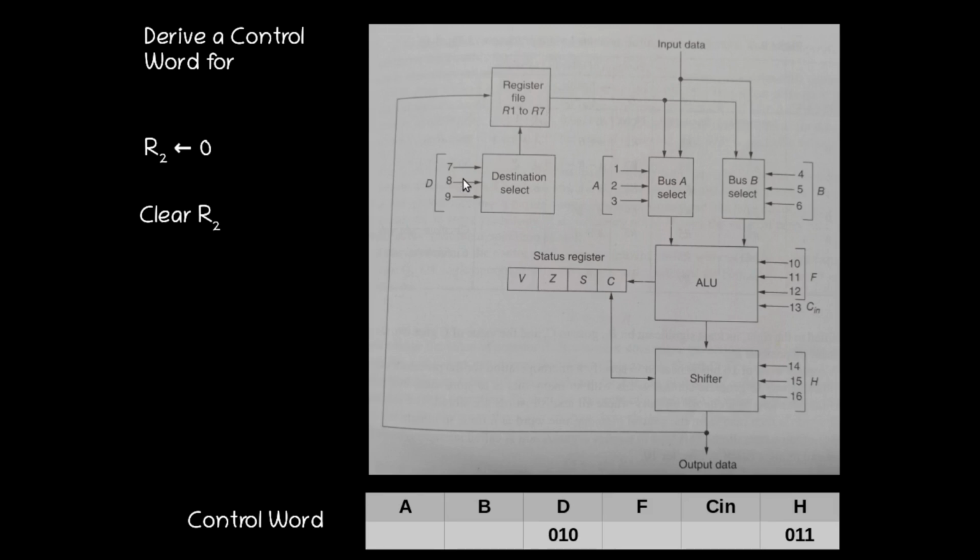So this is clearing a register. We simply put zeros in all other fields, and we get a control word like this. Similarly, we can derive control words corresponding to all other micro operations. Okay, thank you.